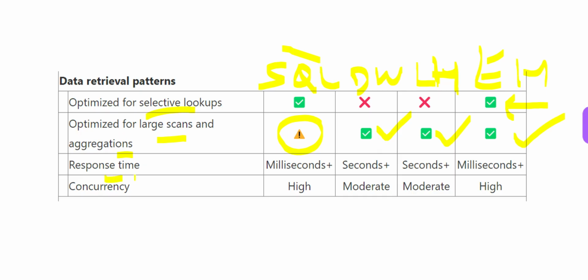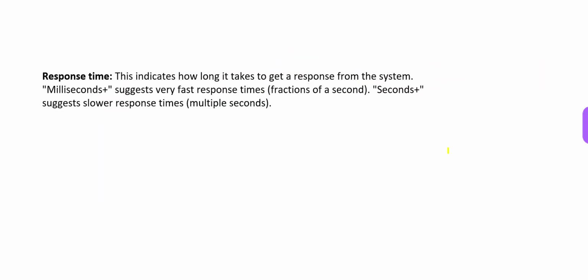Now, response time. Milliseconds means very good. Seconds means relatively it is slow. What does response time actually indicate? Response time means how long it takes to get a response from the system. If someone asks you a question, how long do you take to answer it back?